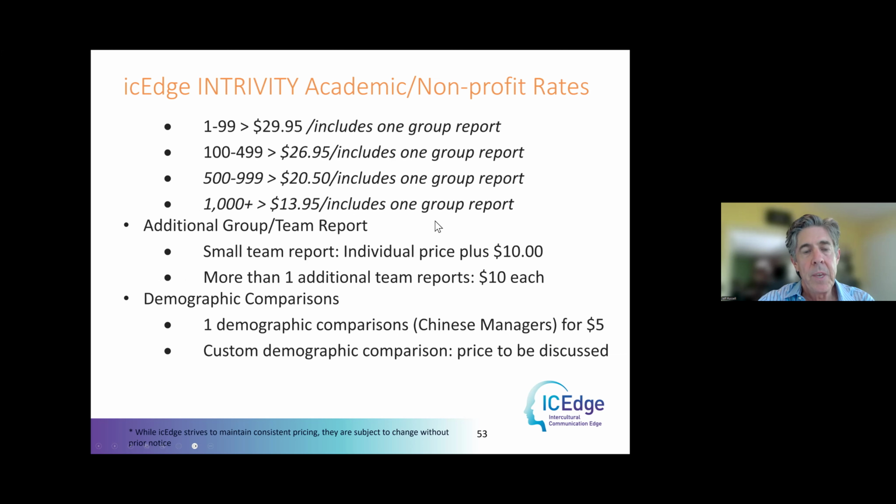And then there are demographic comparisons, which you can give the option for the students to compare themselves with US students or US managers, which is an older group of people who have taken the survey with the nationality USA, and then Chinese managers. And we'll start to build on this as well.